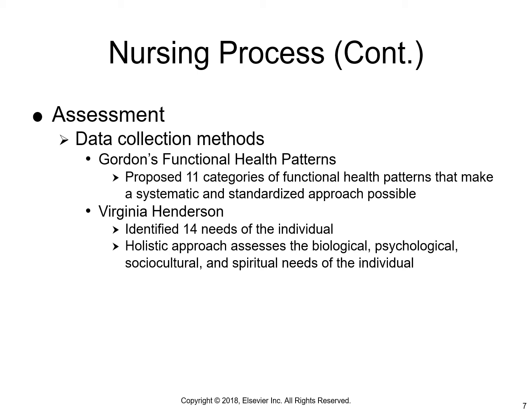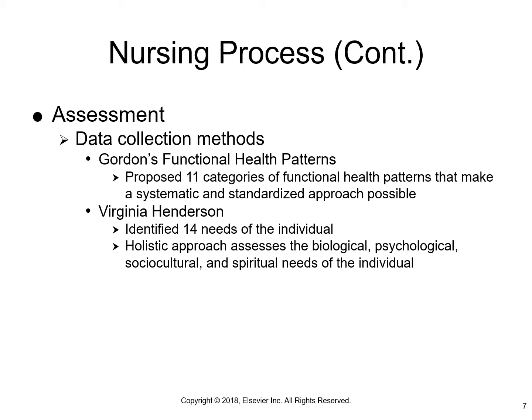Now, Virginia Henderson, the 14 needs of the individual include breathing, eating and drinking, eliminating, moving, sleeping and resting, selective clothing and dressing, regulating body temperature, maintaining adequate hygiene, remaining free from harm and avoiding harming others, communicating, learning, and seeking general fulfillment, having spirituality, working, and playing.